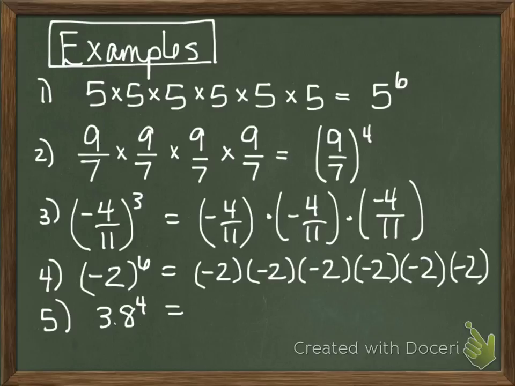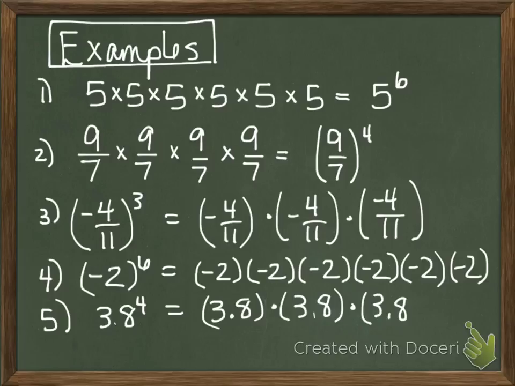And then in the last case, 3.8 to the 4th. 3.8 is my base. So I can have a decimal number for a base like that, times 3.8 times 3.8 times 3.8.